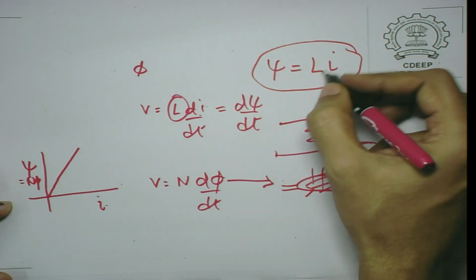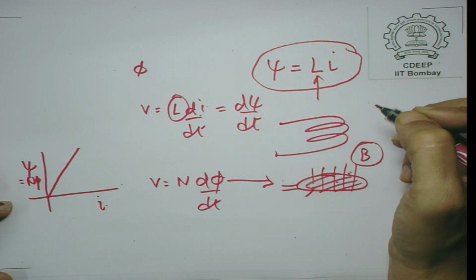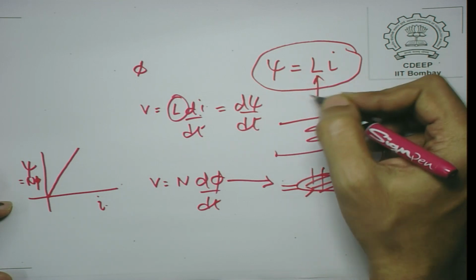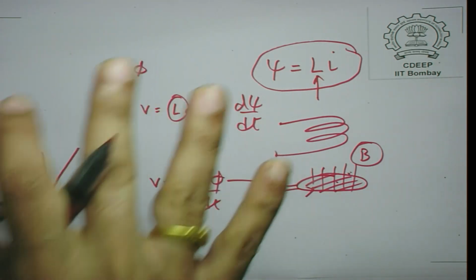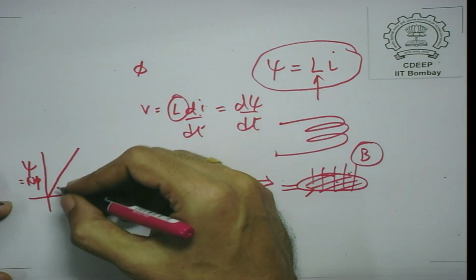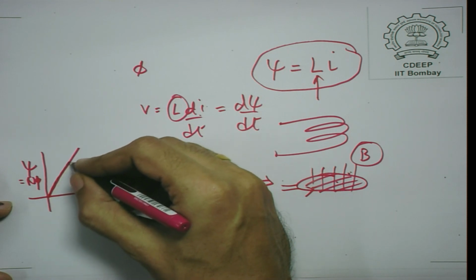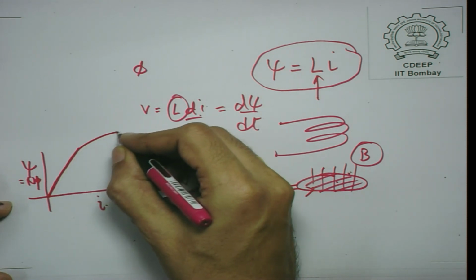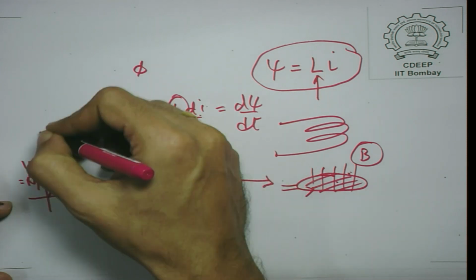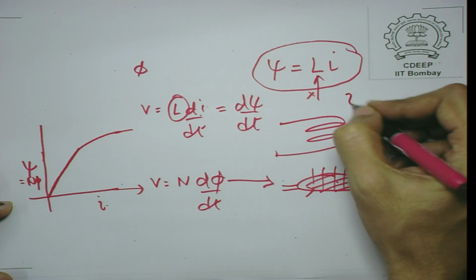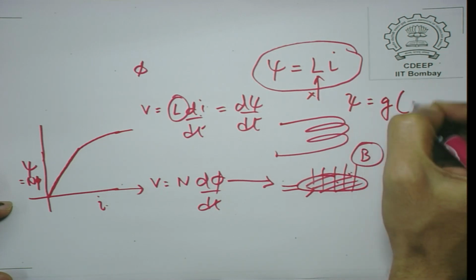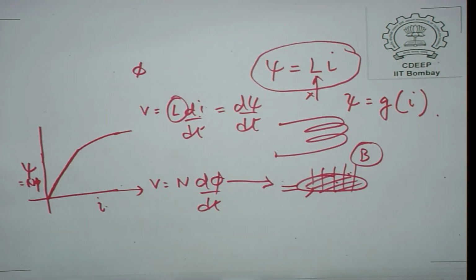Now, this L is a constant for free space and air, depending only on the geometry and mu naught. But for a ferromagnetic material, as you increase the current and the flux level of the core increases, this is no longer a constant. In fact, you should write psi is equal to a function of I. This is called saturation.